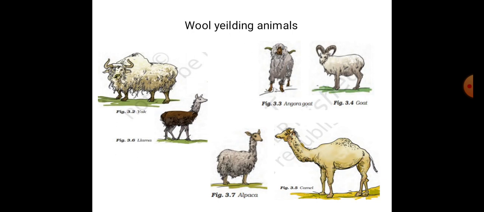Animals that yield wool. Students, there are several breeds of sheep found in different parts of our country, India. Just like Yak wool is common in Tibet and Ladakh, mohair wool is obtained from Angora goats, which are found in Jammu and Kashmir.